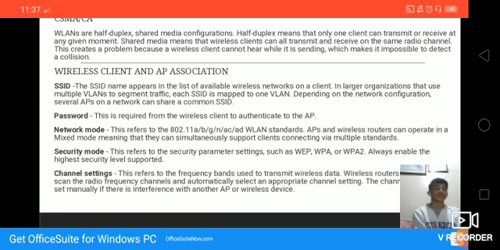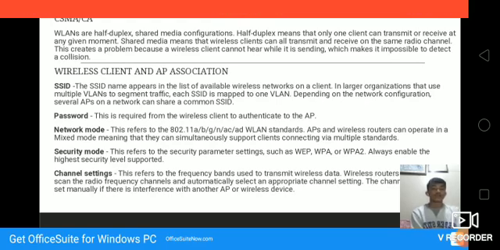APs and wireless routers can operate in a mixed mode, meaning that they can simultaneously support clients connecting via multiple standards. Security mode. This refers to security parameter settings such as WEP, WPA, or WPA2. Always enable the highest security level supported.